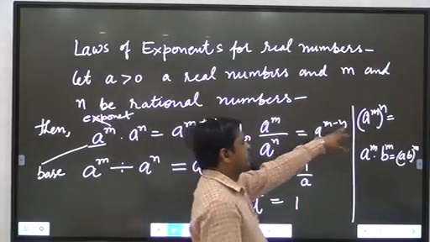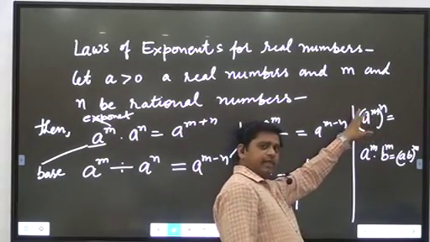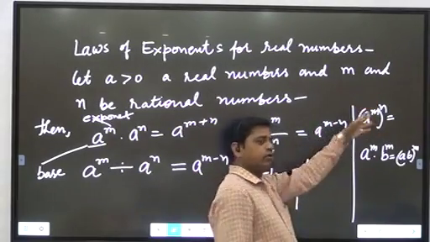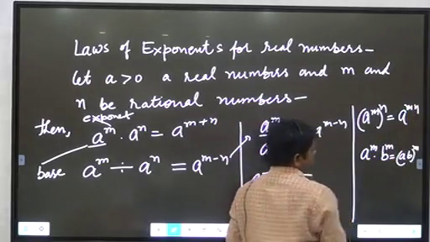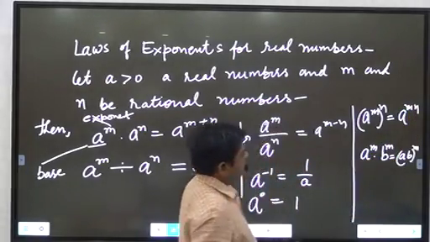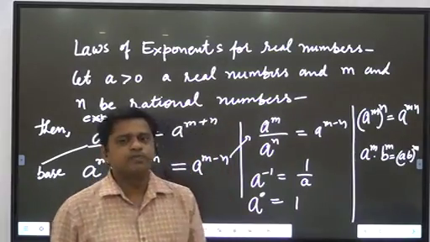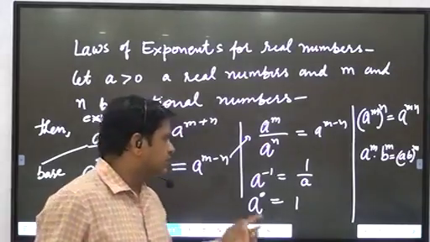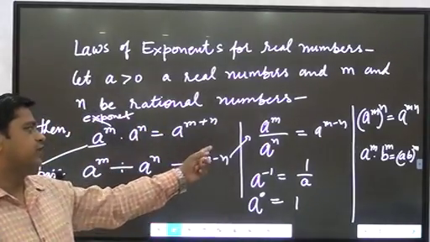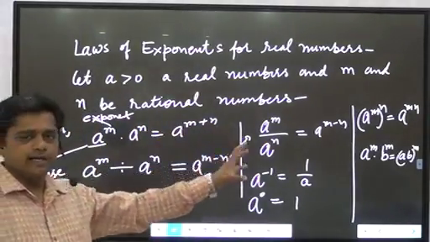Also, a to the m, whole to the power n, gives a to the power m into n. When the exponent is the same for a and b, we can write a into b whole to the power m.